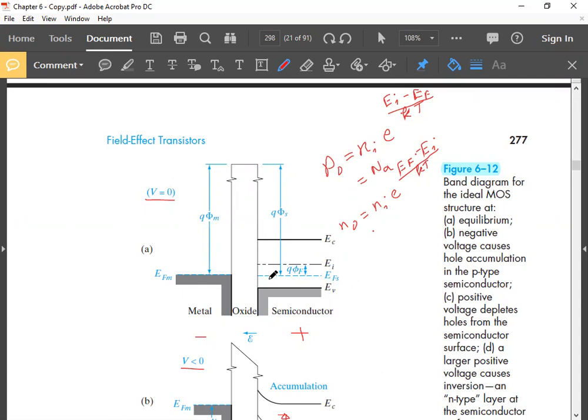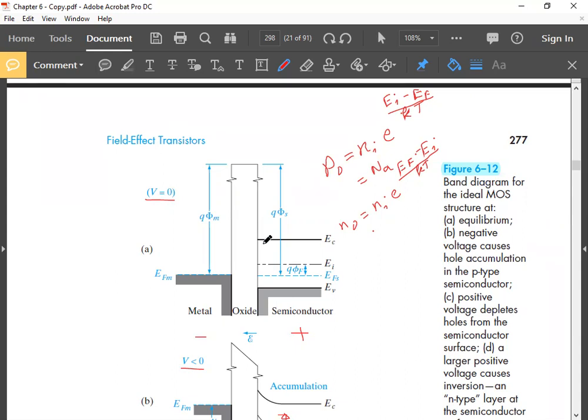When those are considered, you will see that when you construct the MOS structure, there will automatically be some band bending, just like a PN junction. Even without any applied voltage, there is some band bending, because of the requirement of alignment of Fermi levels.